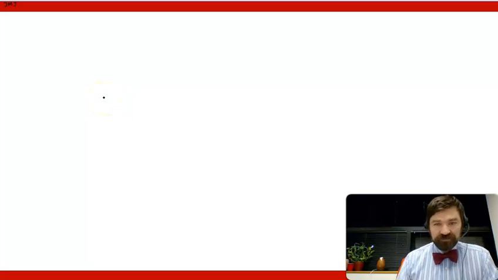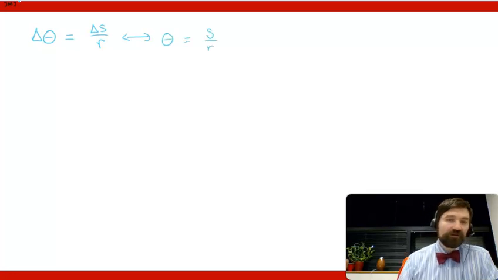To recap these new terms here, I have that the angle swept out, dividing both sides by that constant r, should look like delta s over r. Or put differently, we might say theta is simply s over r.